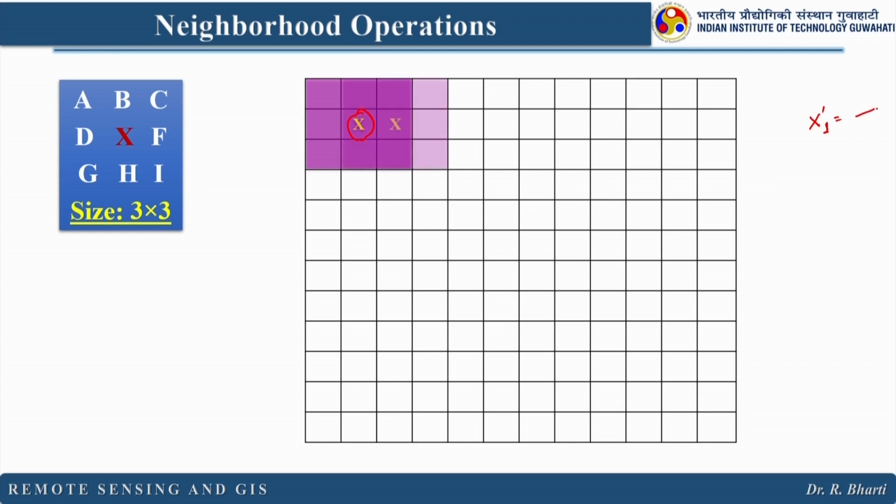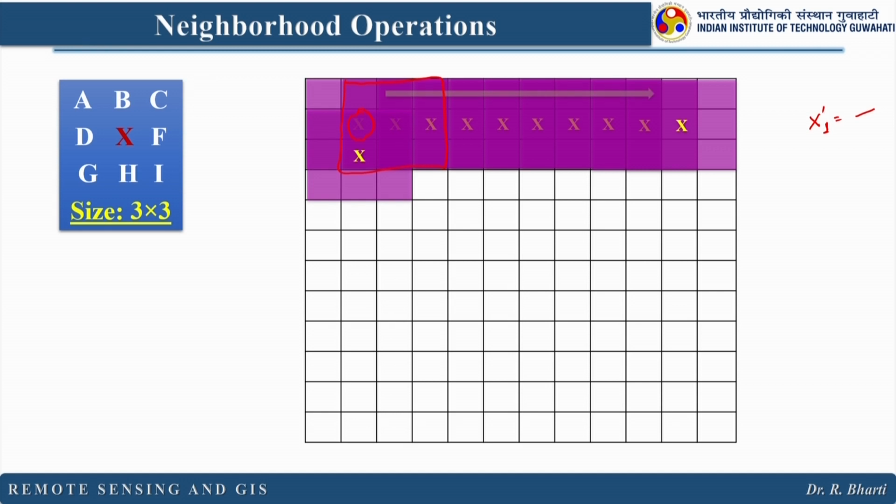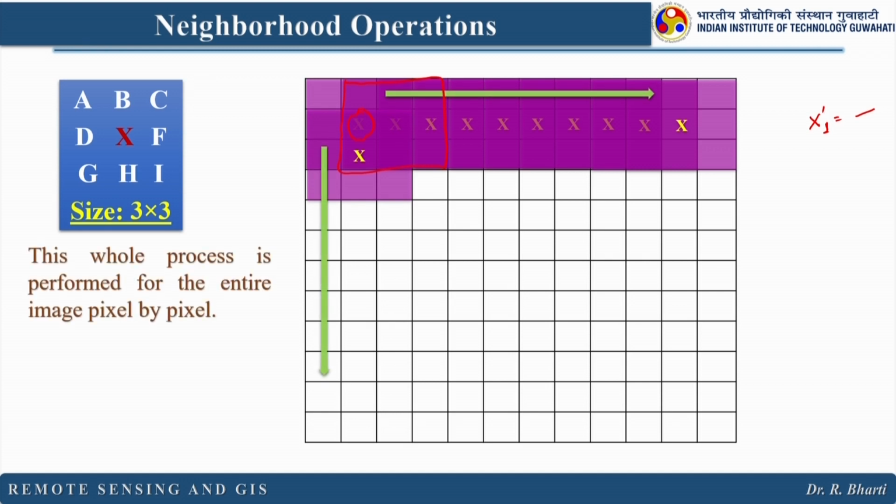Now you will move to the next pixel. Then again this is your new neighborhood, and further you will move and calculate the new value. Likewise, you will calculate for all other pixels. Is it clear? The whole process is performed for the entire image pixel by pixel.